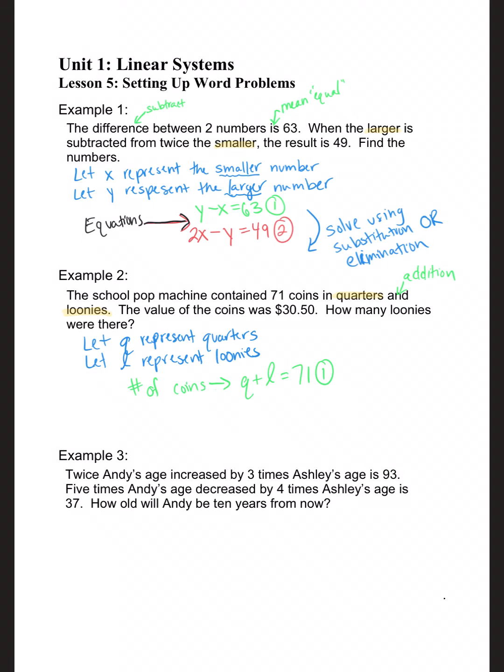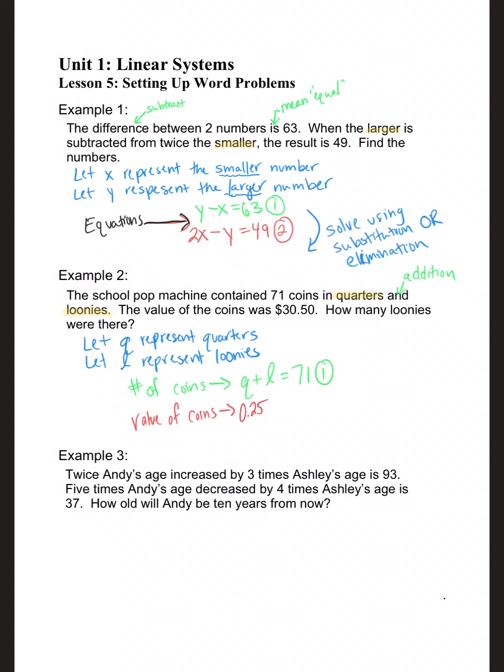The next equation says the value of coins. So we need an equation to represent our value of coins. The value of coins was $30.50. Again, we're adding together our quarters and our loonies, but we need to include the value of each of those. So to represent the value, say if I had 5 quarters, I would need to multiply it by how much a quarter is worth.